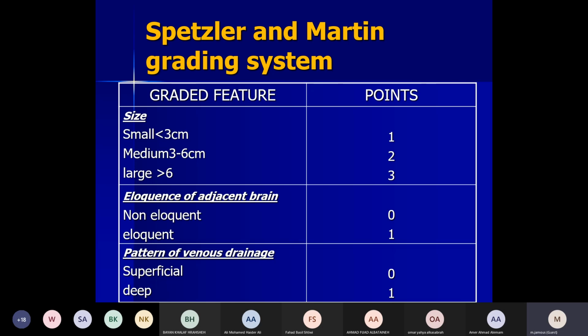If the nidus is small, less than 3 centimeters, we give it 1. If it is from 3 to 6, we give it 2. Large, more than 6, we give it 3 points. For location, if it is in an eloquent area, like the motor area or the speech area, we give it 1. If it is non-eloquent, we give it 0. If the drainage is superficial, we give it 0. If it is a deep draining system, we give it 1.